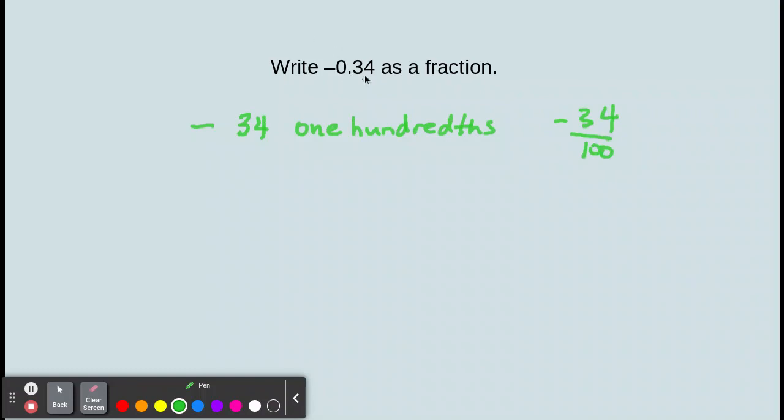Or you could see that there are two decimal places, so you know there are going to be 2 zeros at the bottom, right? Okay, so now we're left with negative 34/100, but now we need to simplify, and you have to think about what number can go into both of them. I would first try dividing the top by 2 and the bottom by 2 and seeing if that creates your simplest form.